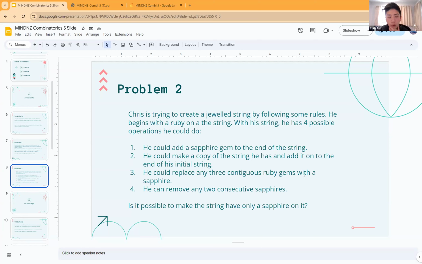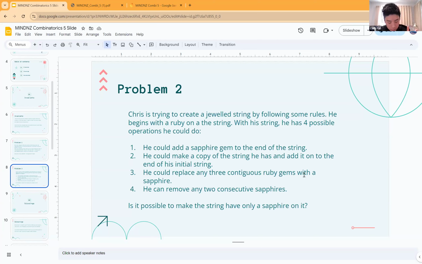Okay, wait, first, one heuristic or motivating fact you can use is that all four of the moves influence the number of sapphires in some way, right? Option one, you add a sapphire. Option two, you can double the number of sapphires. Option three, you can add another sapphire. Option four, you can remove two sapphires. But only two of the moves affect the number of rubies. Only moves two and three actually change the number of rubies.